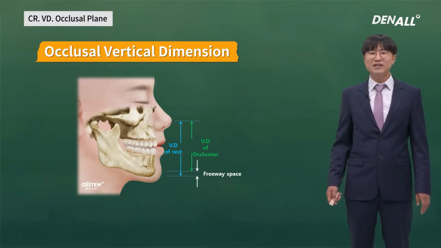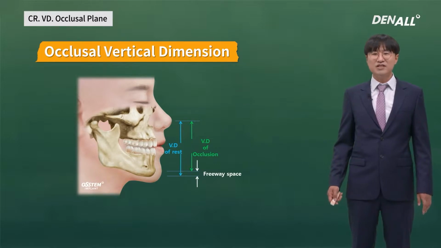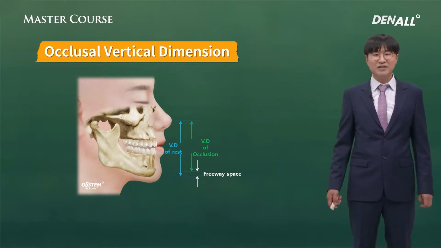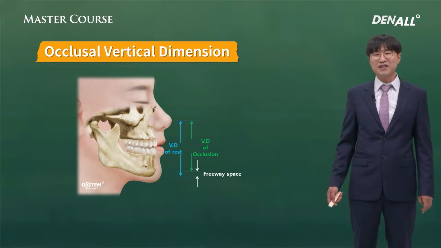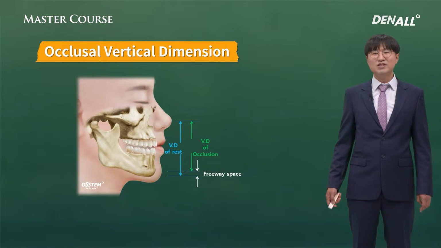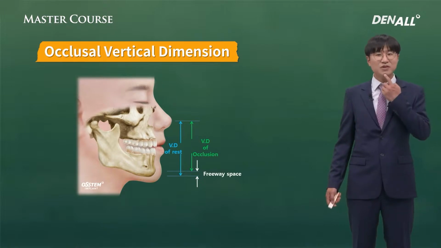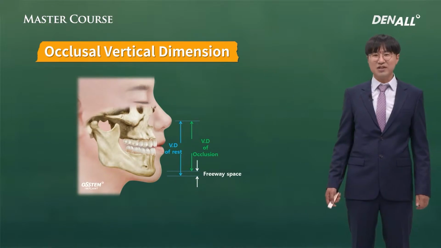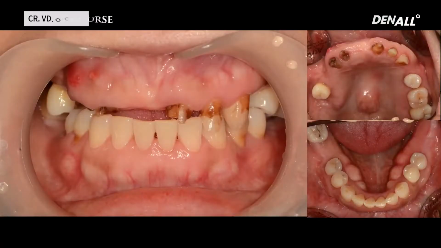I make a patient sit upright and completely relax so that upper and lower occlusal plane distance is 2 to 4 millimeters at the premolar area. 2 to 4 millimeters, a frequent exam question in dental school. It's hard to access premolar area, so alternatively, I measured from the tip of the nose and tip of the chin. VD is 2 to 4 millimeters smaller at physiologic rest position.